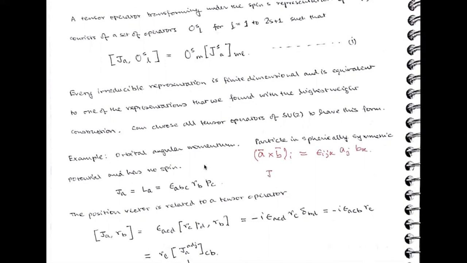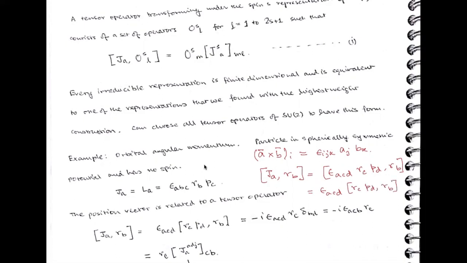Now you want to do J_a with r_b. So this is some epsilon_acd r_c p_d with r_b. Now epsilons are zero, plus one or minus one, so epsilon_acd goes outside. So this is r_c p_d and r_b.